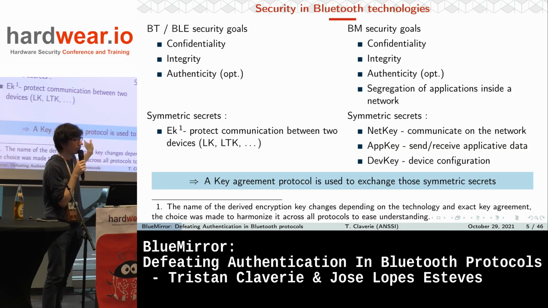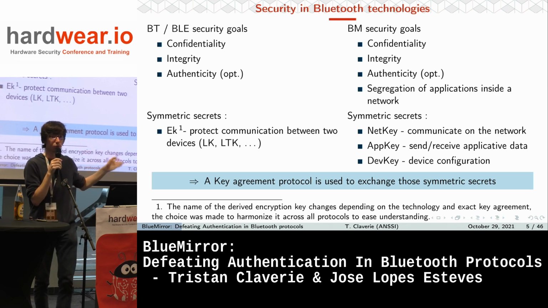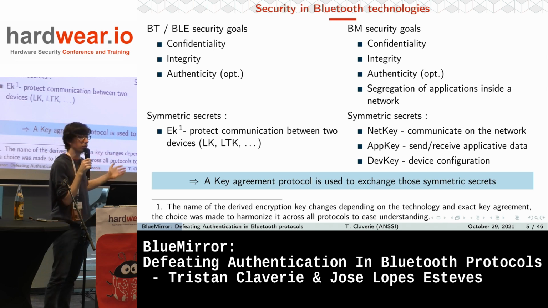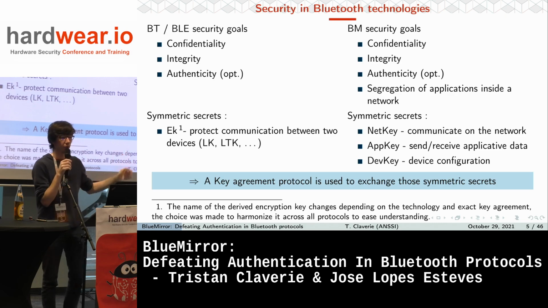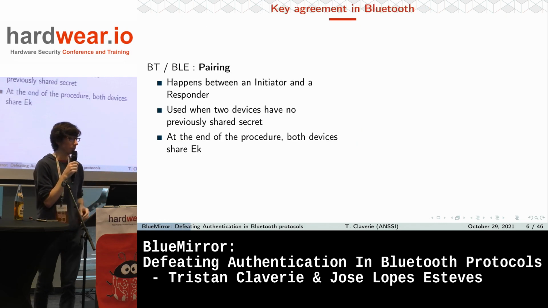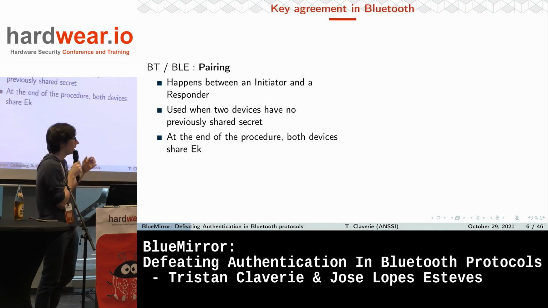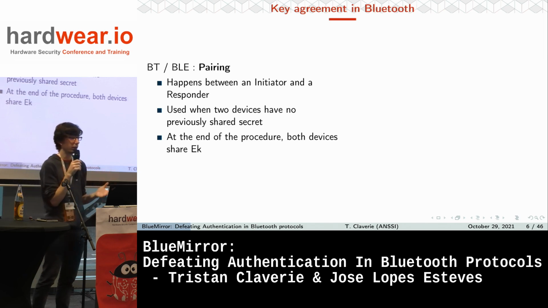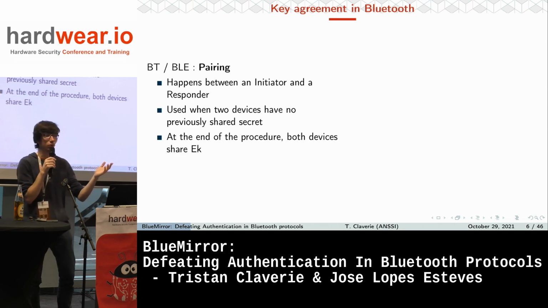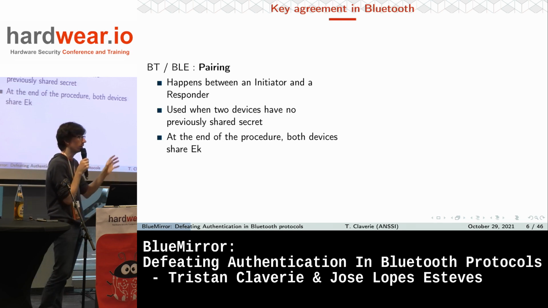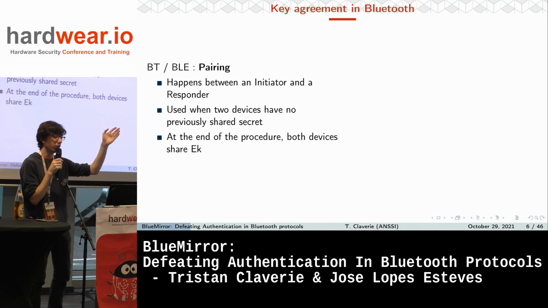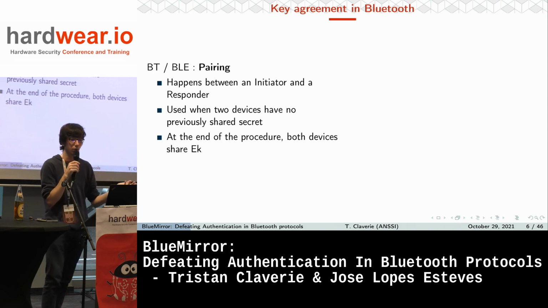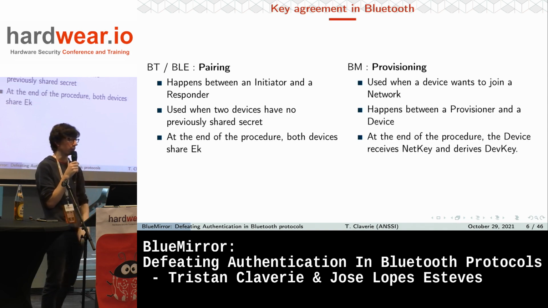So this is the role of key agreement protocols. In Bluetooth, a key agreement is meant to exchange those symmetric secrets so that devices may communicate. In BT and BLE, the key agreement protocol is called pairing. You have 2 devices which want to communicate securely together. They do this pairing procedure, and they have a shared secret they use to encrypt communications.